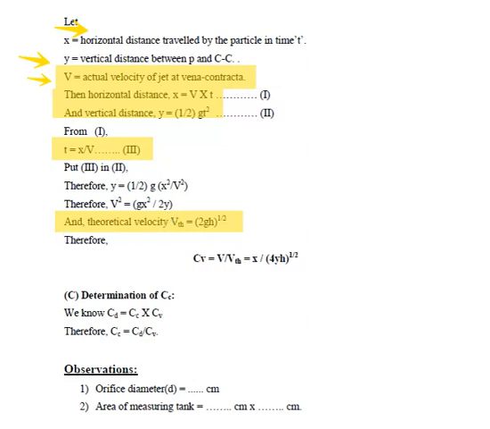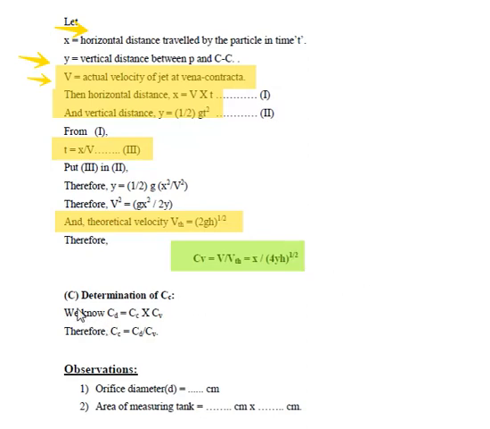When you simplify this equation, the Cv value will be v upon v theoretical, that is what we also call the coefficient of velocity. Actual velocity, that is v actual, upon v theoretical, and that is given by this formula, x upon (4yh) raised to the power 1 by 2.